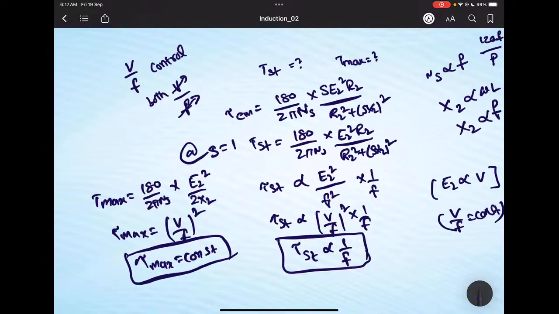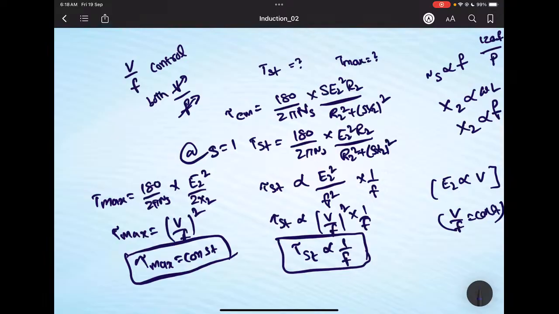Is it clear? As the question told, it is a V by F speed control method, and the frequency and voltage are varying such that V by F is constant. We know the starting torque equation and the maximum torque equation, and we derived the relation between torque and frequency.